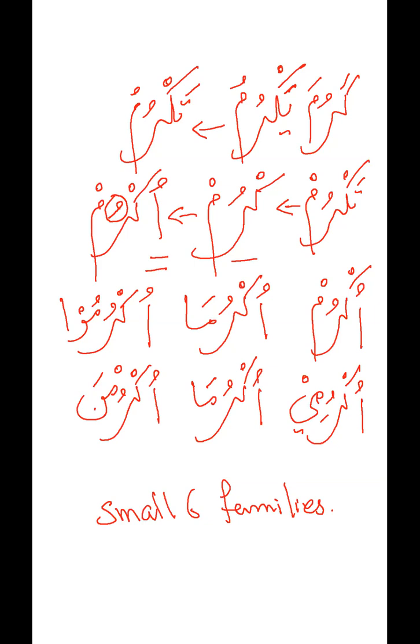No, alhamdulillah. Okay, so let's move on to the big 8 families. Remember, we make the groups. So group 1, how many families in group 1? 3 families: F2, F3, F4.